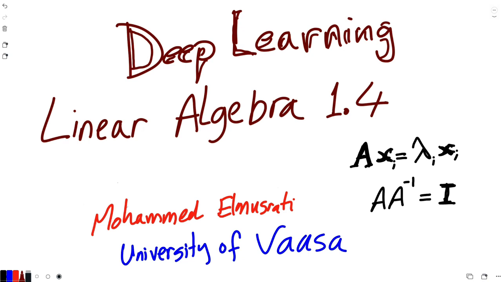So the multiplication of matrix A by the eigenvector x, as it is now in the slide, will be like a scalar, which is lambda. This scalar is called the eigenvalue, multiplied by the same x.